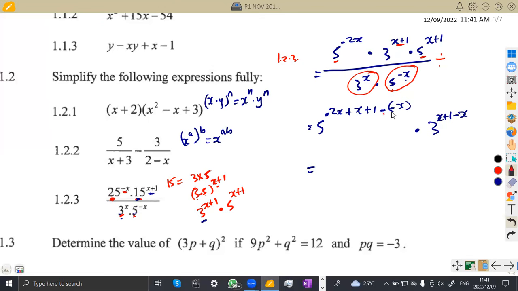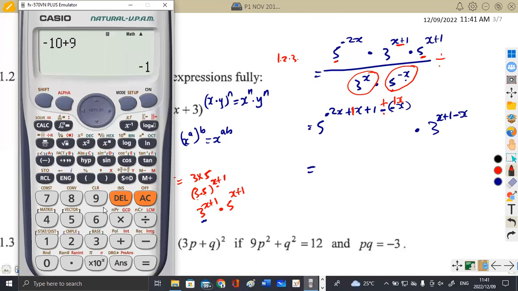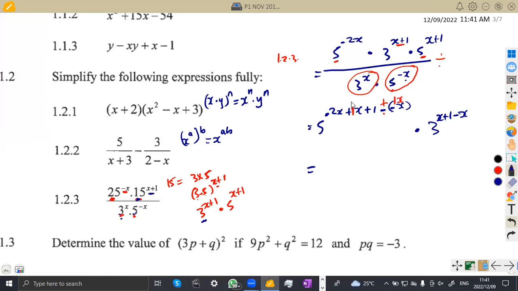Taking note that the negative and the negative here gives us a positive. So that means we've got negative 2x plus 1x, also plus another 1x. So it's negative 2 plus 1, which is a 0. Or you can just test on your calculator. That's negative 2 plus 1, which is a 0. So here we are going to have a 0 on x.